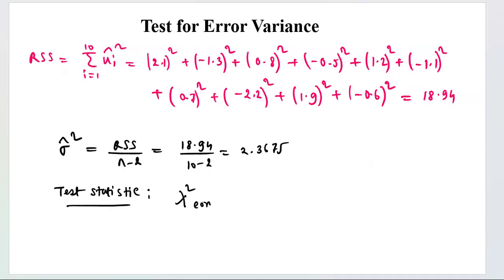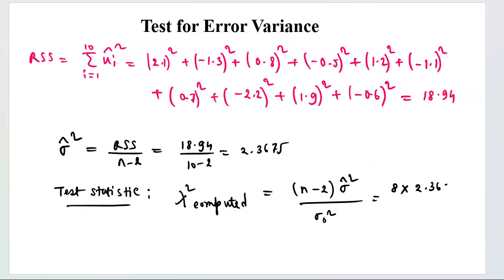Chi-square computed will be n minus 2 times sigma cap square upon sigma naught square. So 8 times 2.3675 upon 2. This will come out to be 9.47. So this is the computed value of our test statistic.